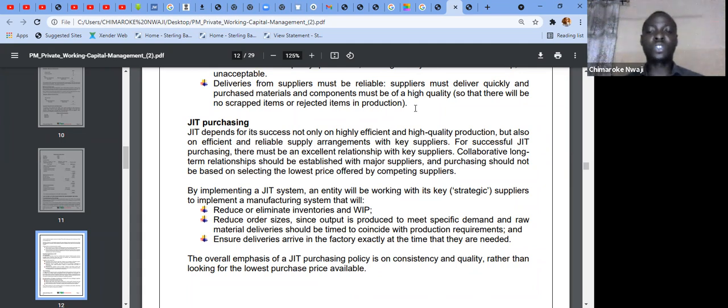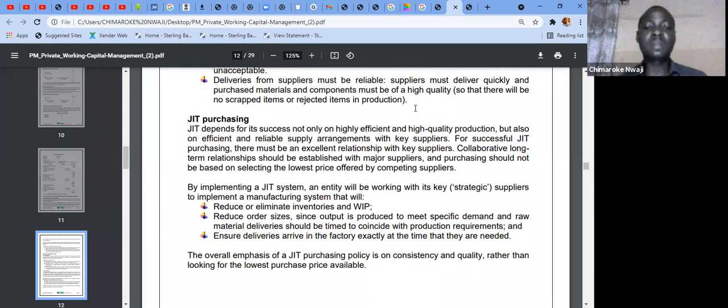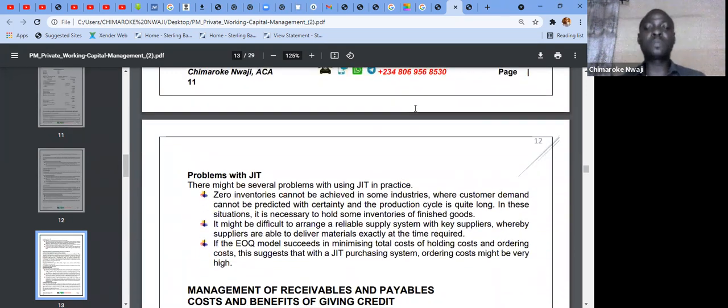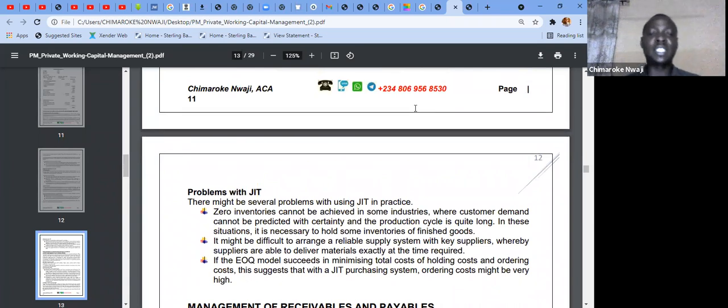Quality is also not to be compromised. Then JIT will be effective. In JIT, don't look for the lowest purchase price possible, because when you get a very low purchase price, your quality might be compromised. Now let's look at problems with JIT.